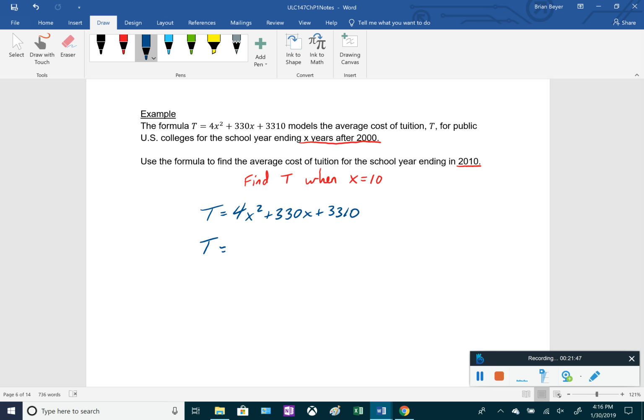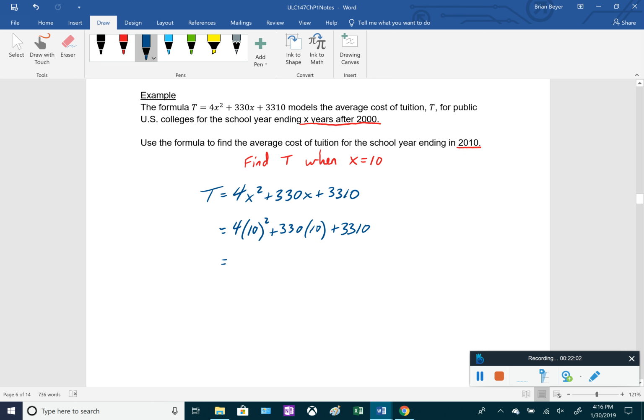So it's going to be, let me erase this T. So it's going to be 4 times 10 squared plus 330 times 10 plus 3,310. And now just order of operations once again here. So 10 squared is 100. I'm just going to leave the other stuff the same for now, which we could have evaluated.